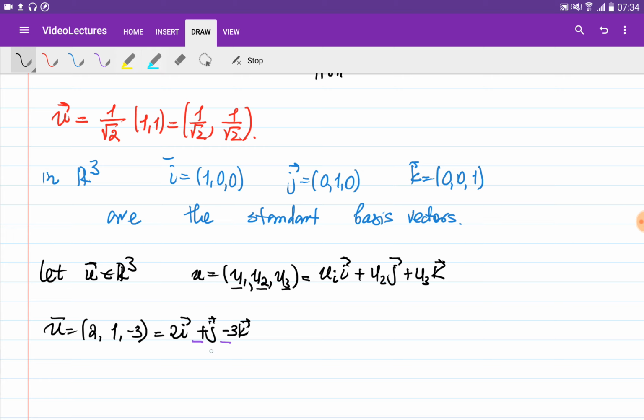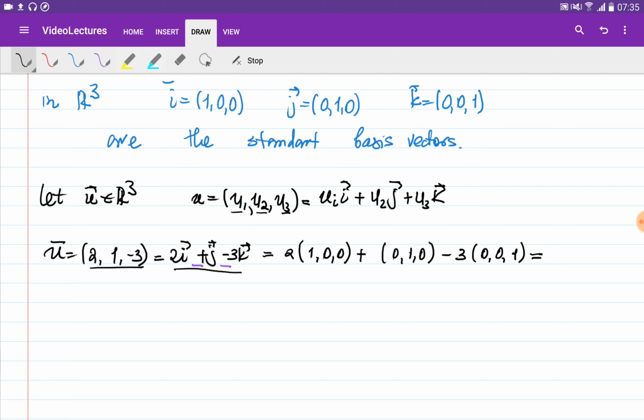So indeed, I would like to show that this is equal to this one by substituting i as 1, 0, 0, j as 0, 1, 0, and k as 0, 0, 1, and by adding the vectors we obtain the original vector. If you multiply a constant by a vector, it means you multiply all the components of the vector by this constant, plus 0, 1, 0, plus 0, 0, minus 3.